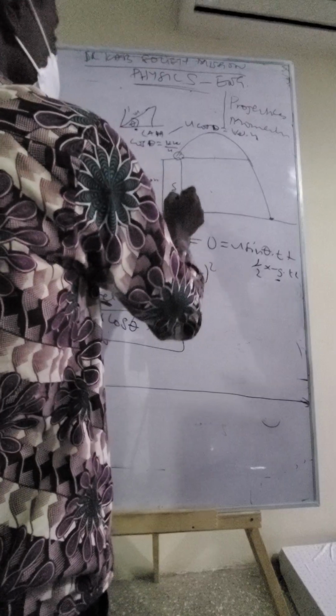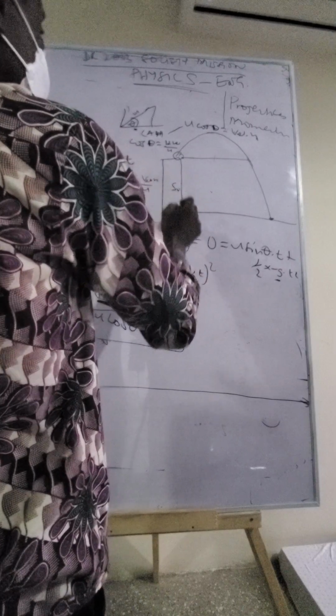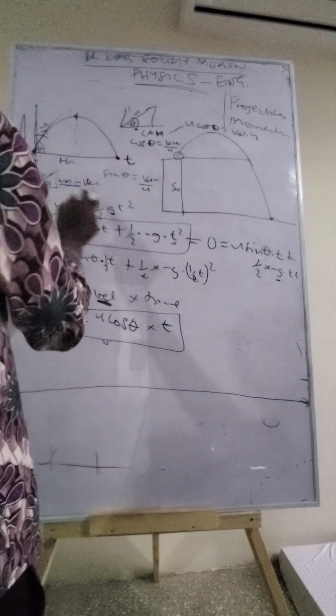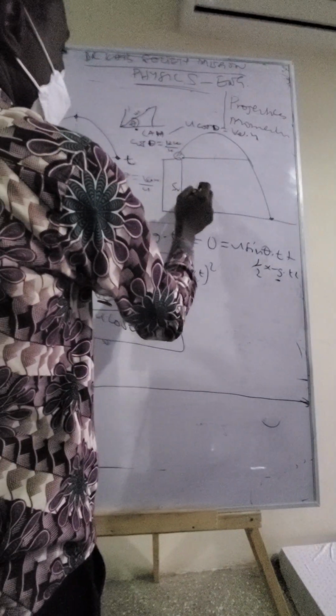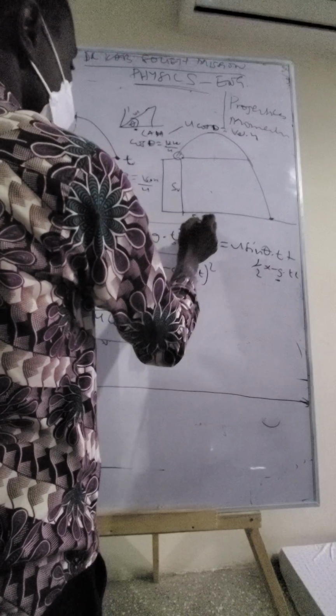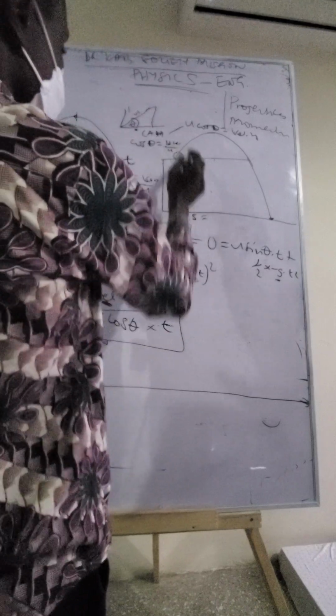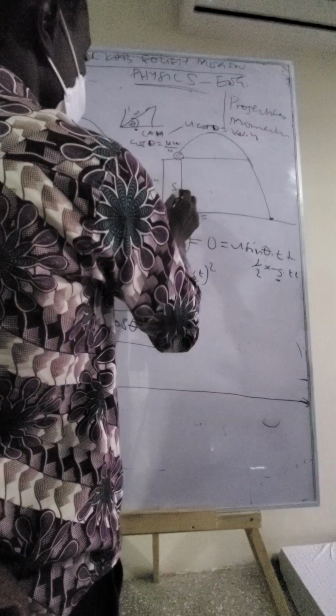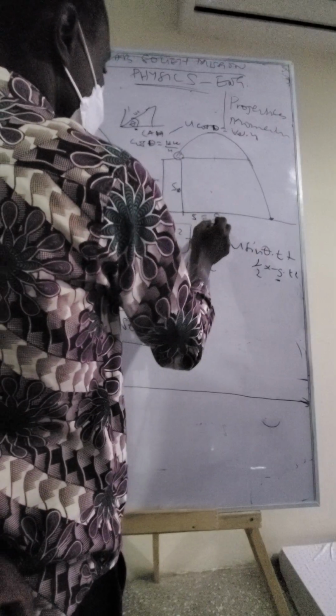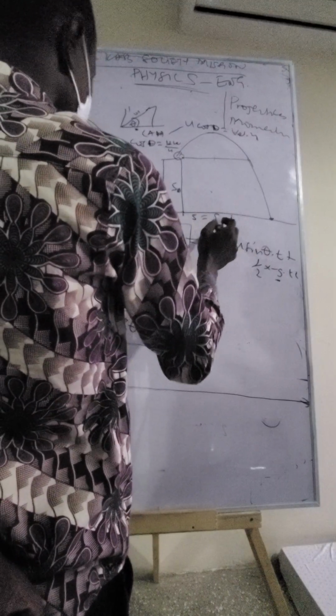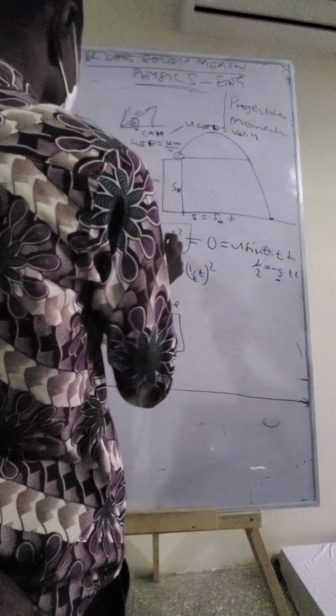Let's say this is the vertical distance. Your equation here, that is, s will become what? Because we have an initial height, let's say S0, so that will be S0. You add on the equation that you have here, because that is what is going to define what you are going to get.